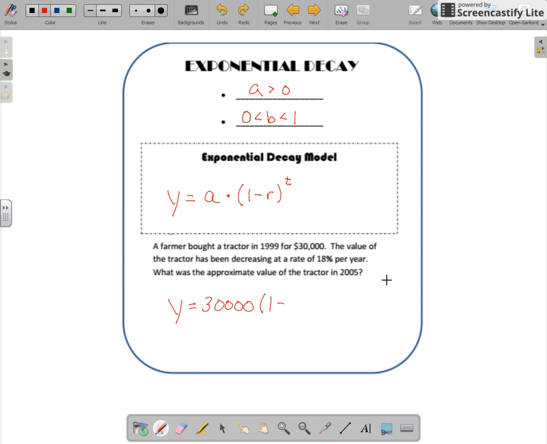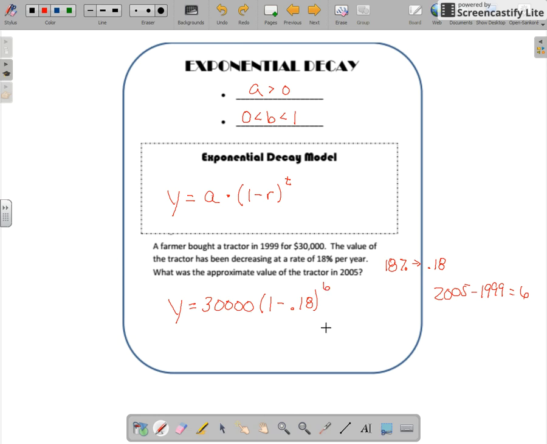minus r. Now our r is 18%, so 18% as a decimal is 0.18, so minus 0.18, to a certain power. Now for that power, we need to find 2005 minus 1999. That's 6 years, so to the 6th power.